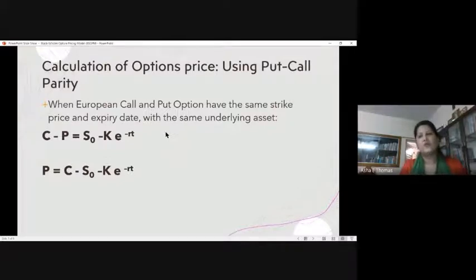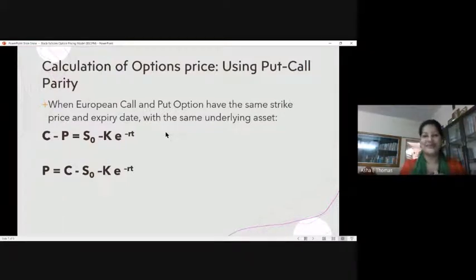So here what we try to find out is the call premium or put premium with respect to a European option. The formula is very simple. Compared with the previous one, you do not have those lengthy calculations of the Black-Scholes model when you have a situation called put call parity.